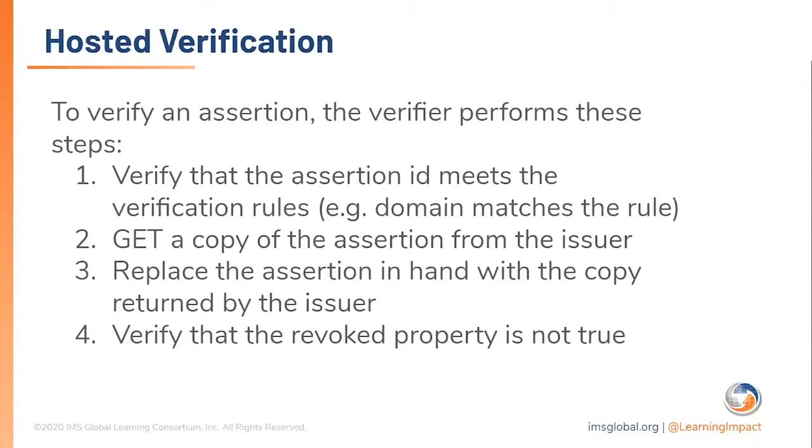For example, the domain must match the domain name in the rule. The verifier then gets a copy of the assertion from the issuer, replaces the assertion in hand with the copy returned by the issuer, and verifies that the revoked property is not true. If it passes all of these steps, then the assertion is considered verified.